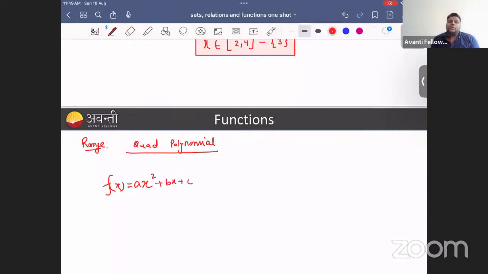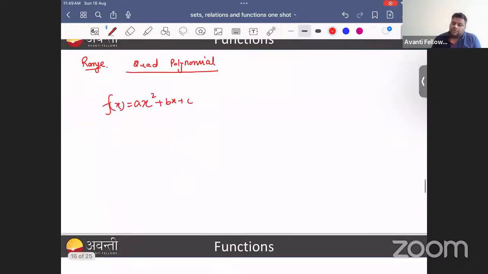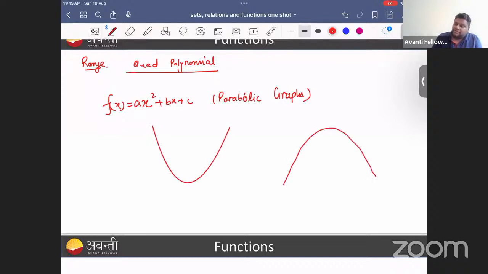This is a quadratic polynomial. Now we all know these quadratic polynomials have parabolic graphs. Now the graph of any quadratic polynomial is either like this or it is like this. Now, how do we decide which one the graph is?